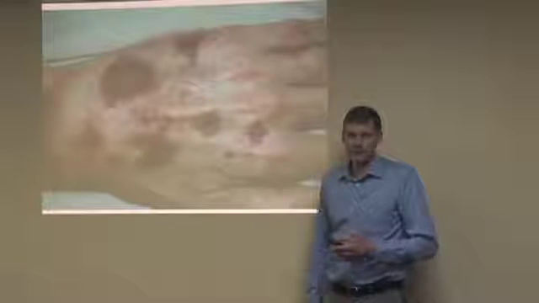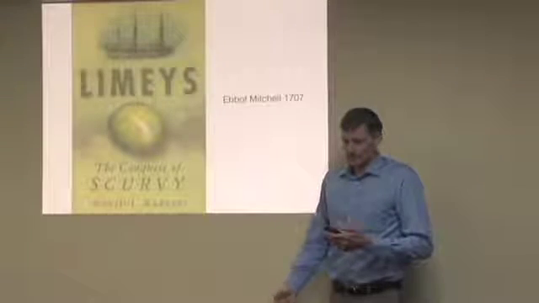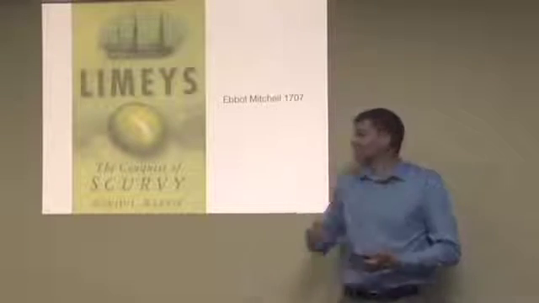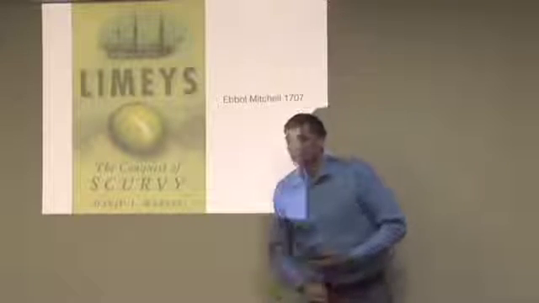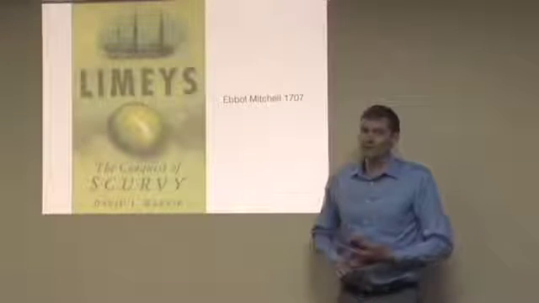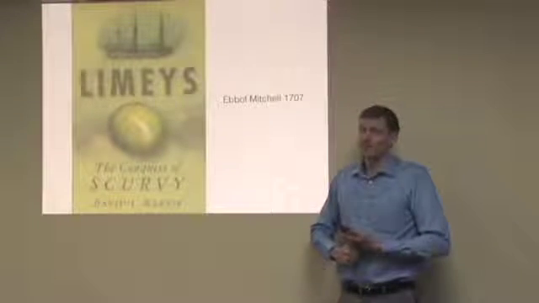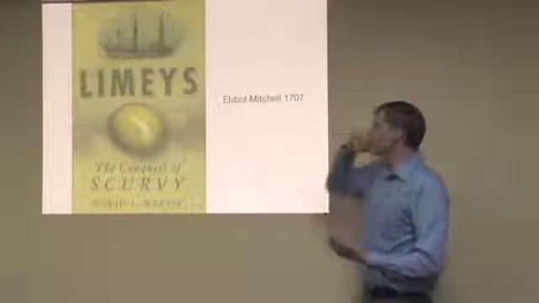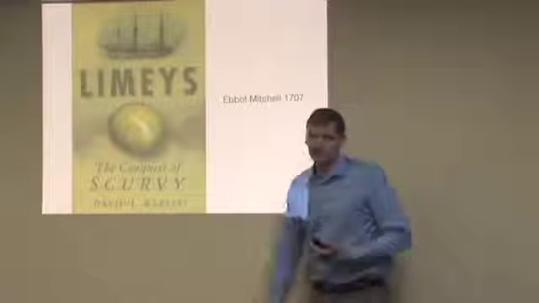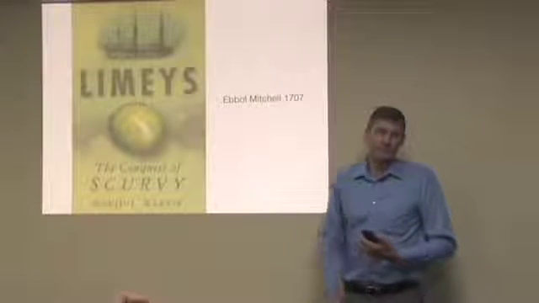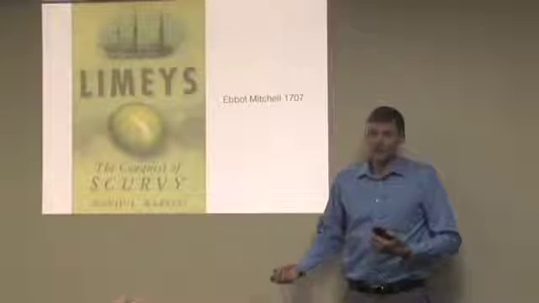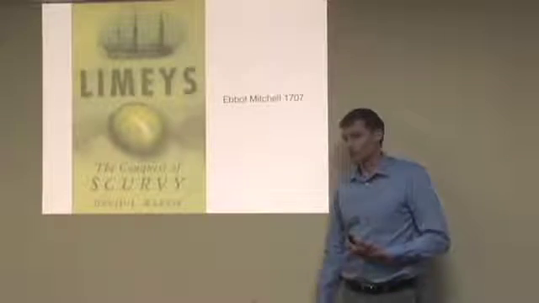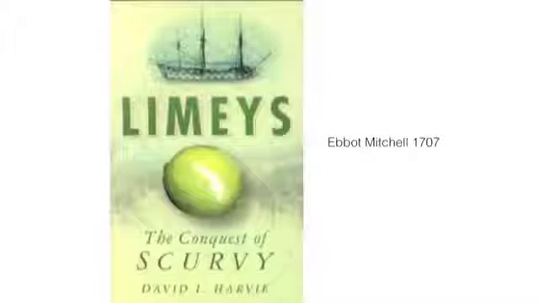Okay, so what is scurvy? Vitamin C deficiency. And what happens when you don't have enough vitamin C? The arteries break open and they tear. So here's a book called Limeys. This is why sailors were called limeys, because they ate limes to prevent scurvy. And they didn't eat oranges because oranges didn't last on the ship as long as limes did.